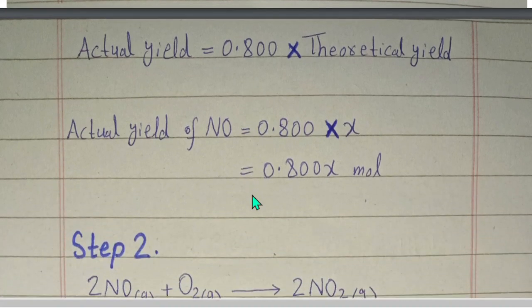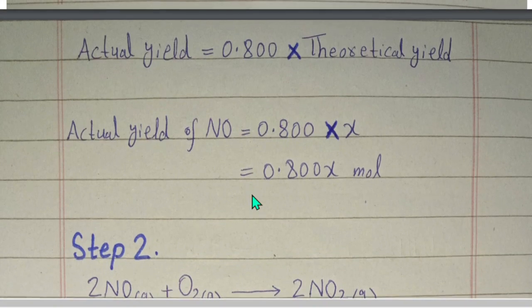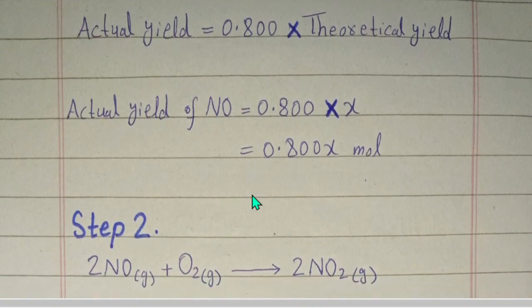As the percentage yield is 80.0%, for each step we can convert the theoretical yield into the actual yield for each step by multiplying it with a factor of 0.800. So the actual yield of NO is 0.800 times X.